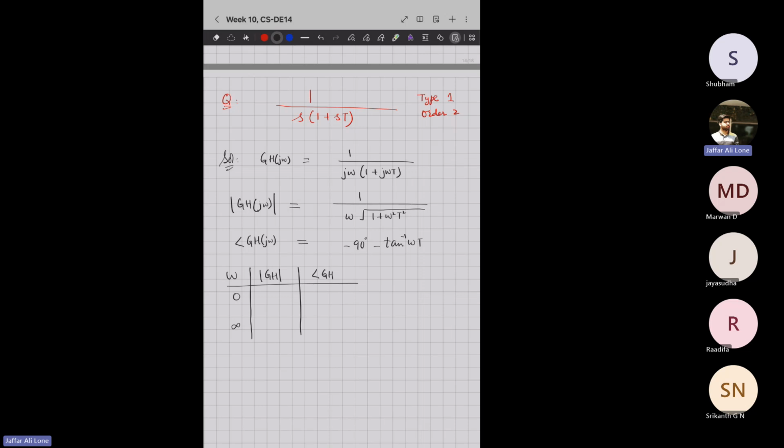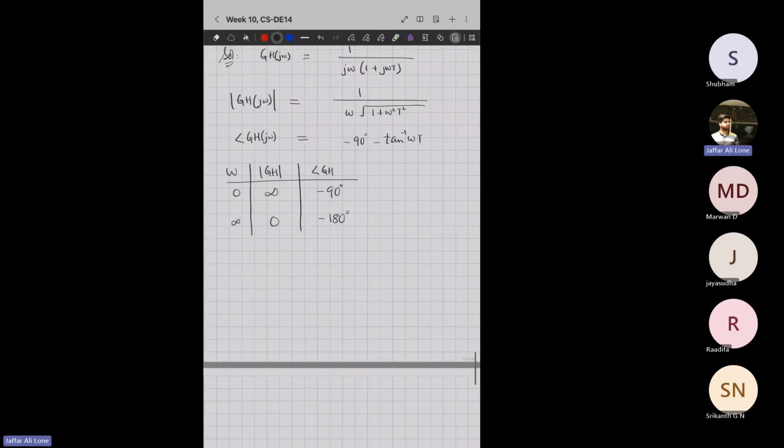When omega is 0, my magnitude is infinity and my phase is minus 90 degree. And when omega is infinity, my magnitude is 0 and my phase is minus 180 degree.